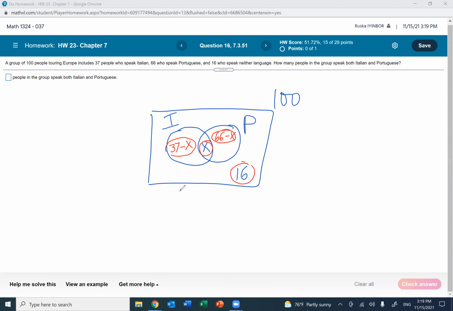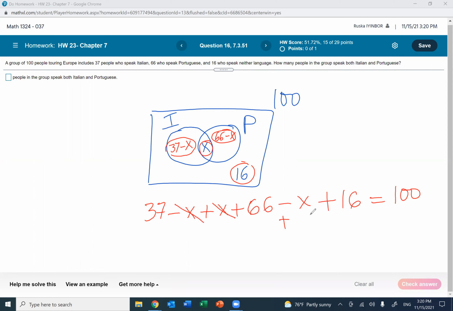That's going to give me X, the people who speak both Italian and Portuguese. So I'm adding 37 minus X plus X plus 66 minus X plus 16 equals 100. So obviously X and X cancel. I can move the X over, and I can subtract 100 also.